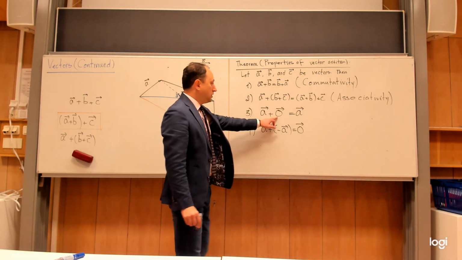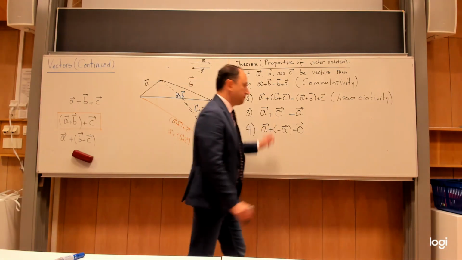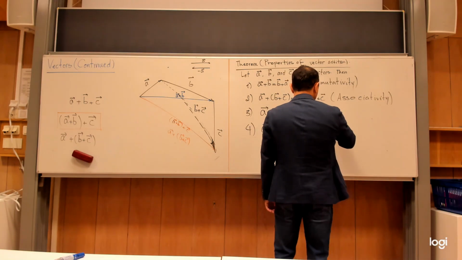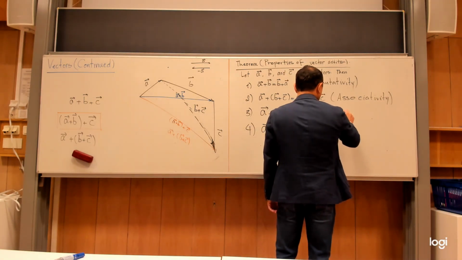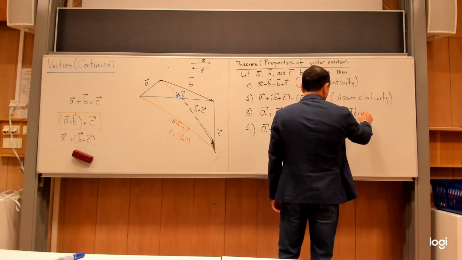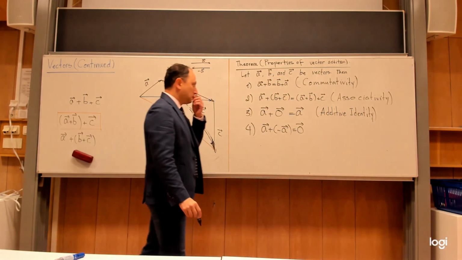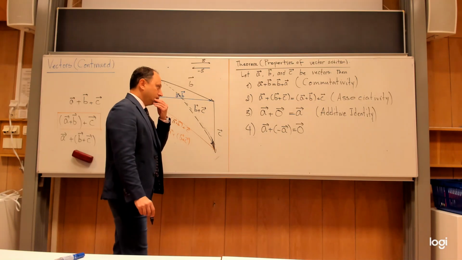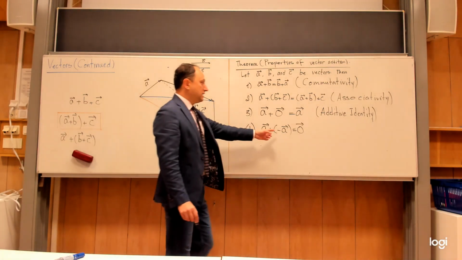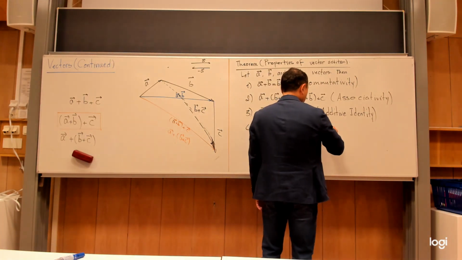So 0 is called additive identity. And minus A is called additive inverse.